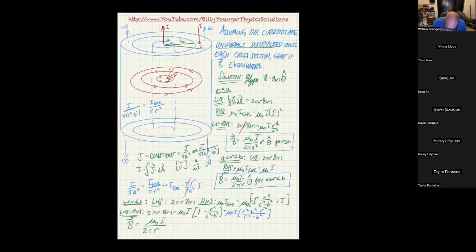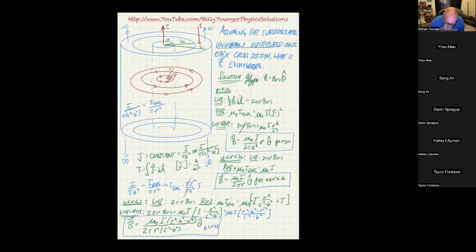So the r's down here, but then I also have a c squared minus b squared for the denominator. And then up here, I have c squared minus b squared minus r squared. And all that's in the theta hat direction. So that's my magnetic field for b is less than r is less than c.